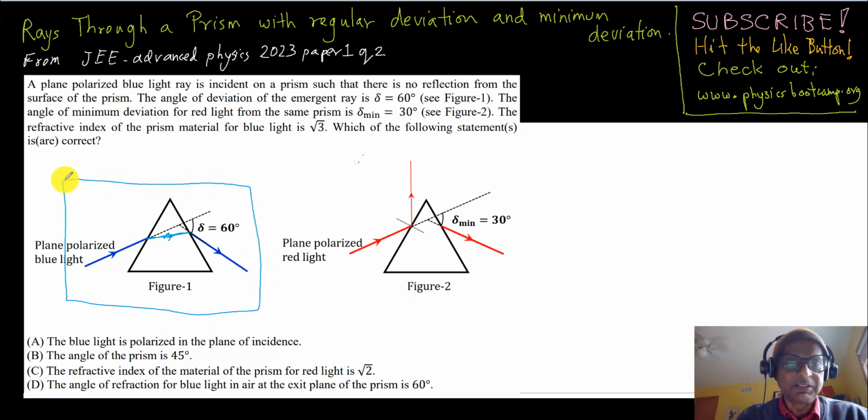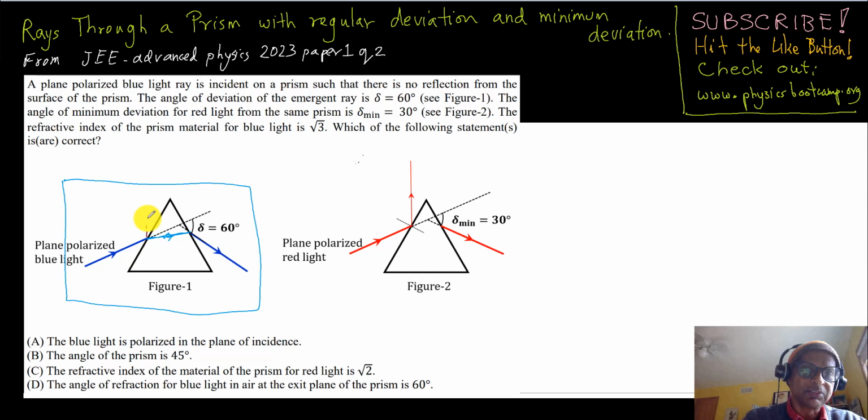If you remember, when you say plane polarized, it can be transverse electric or transverse magnetic. So it says that if you shine this light and it goes through here, there is no reflection.